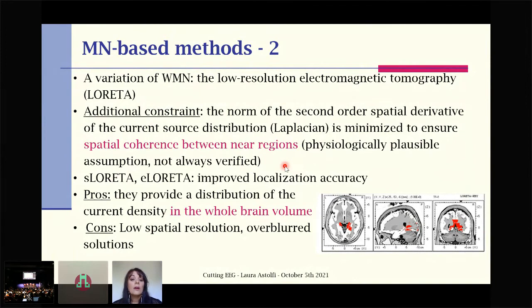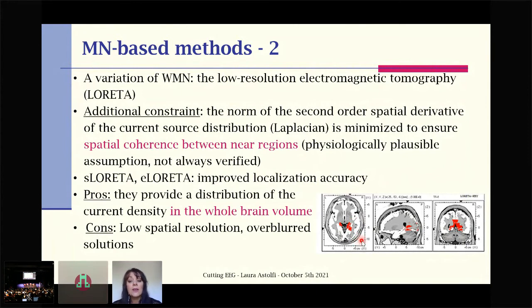In particular, there were some improvements of the method to improve the localization accuracy, but they didn't affect the spatial resolution, which remains quite low. So we can use these methods if we want to localize the region, but we need to be aware that we will necessarily obtain a low spatial resolution, over-blurred solution.